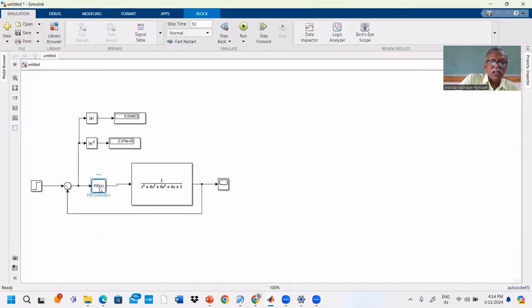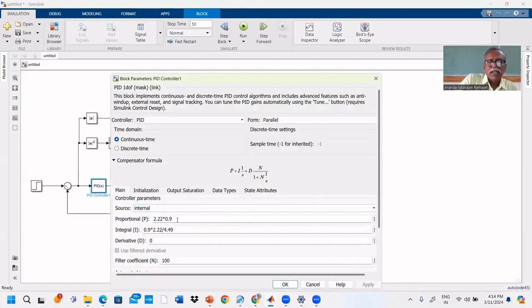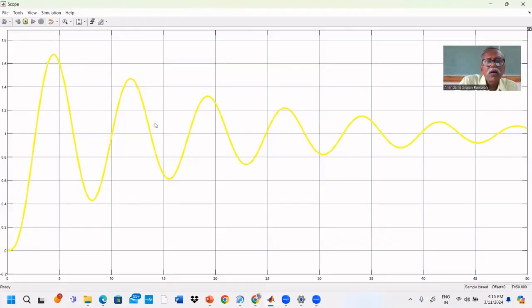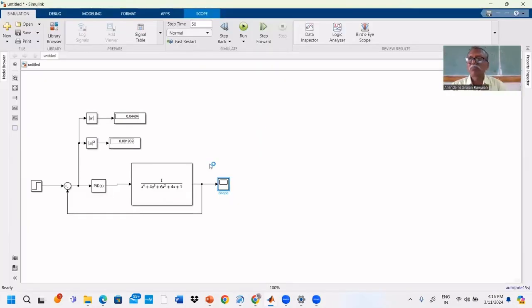If you use a PID controller, it must be multiplied by 1.2. Am I correct or not? Small oscillation is more.